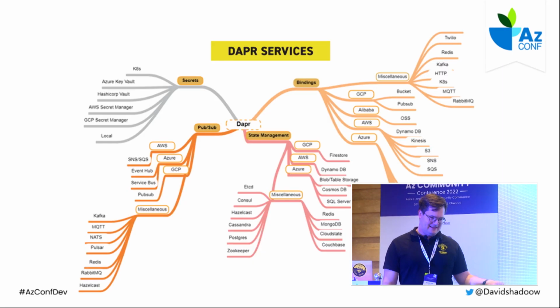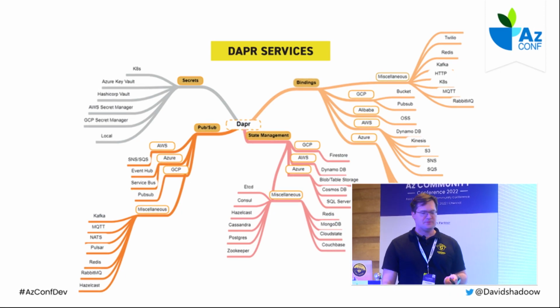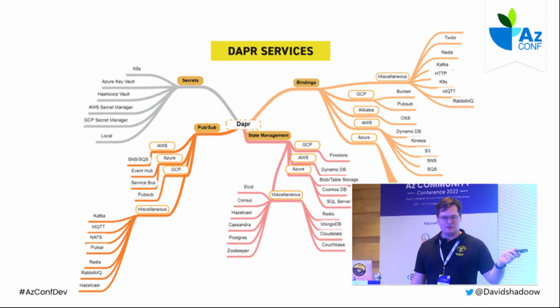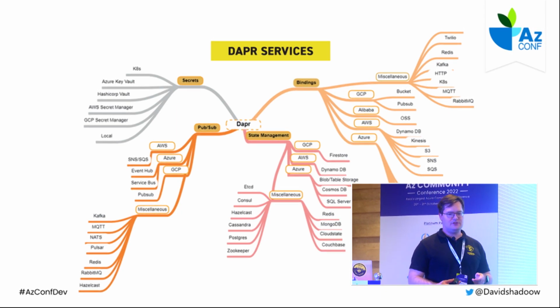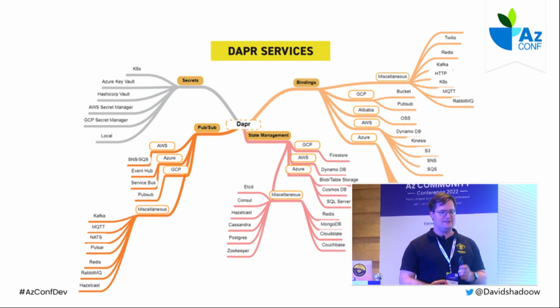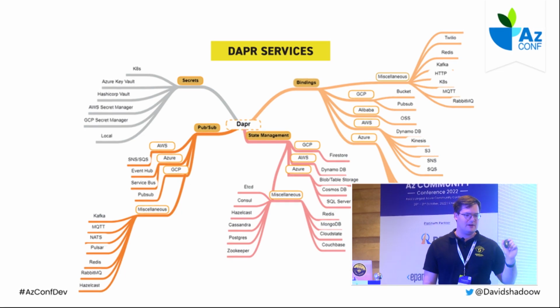And to illustrate that, this is already quite an old picture, but these are all the services that DAPR has components for. As you can see, they have multiple services for state management. So you can use Firestore DB on GCP, Dynamo, Cosmos DB, SQL Server on Azure. For publish/subscribe, you can use Azure Event Hub or Azure Service Bus or SQS on AWS.